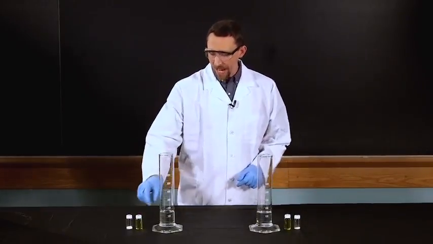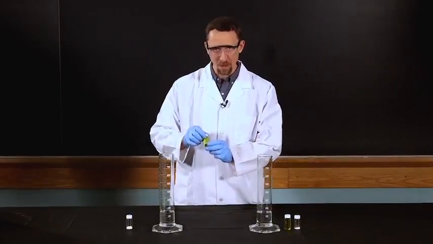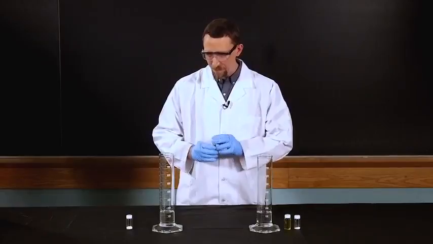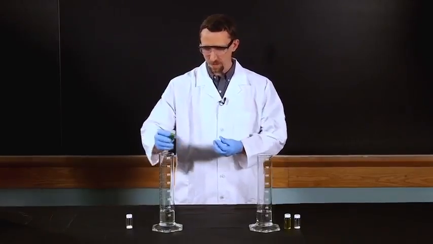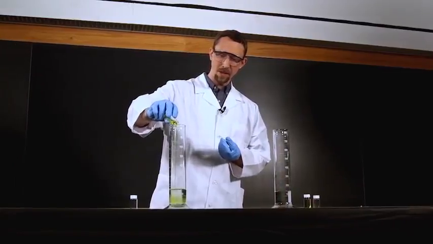Now that we have exactly equal volumes of our 2 peroxide solutions here in our graduated cylinders, next I'm going to add a little bit of soap to these solutions. This is the secret ingredient that makes this experiment so much fun visually. So I'll add soap to this solution here.